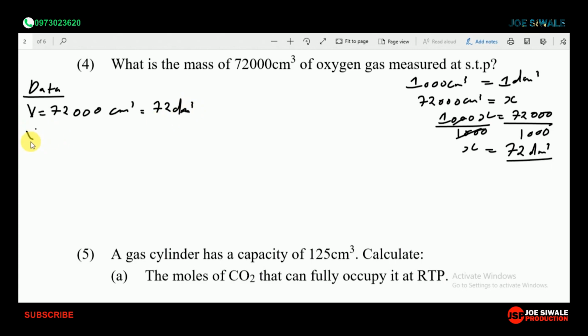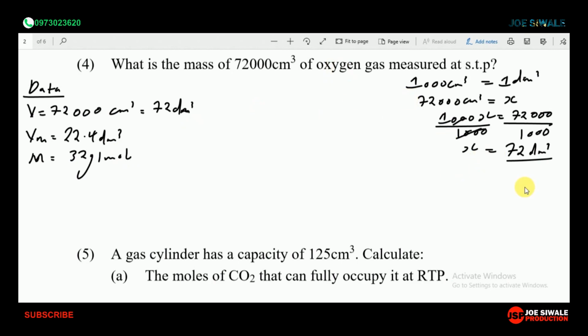Then the other information that we know is that our molar volume at standard temperature and pressure is going to be 22.4 cubic decimeters. Then our molar mass is going to be equal to 32 gram per mole. How do we calculate the 32 gram per mole?